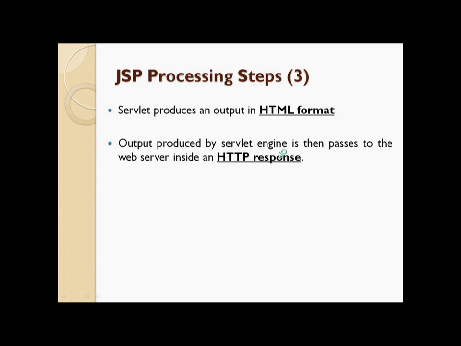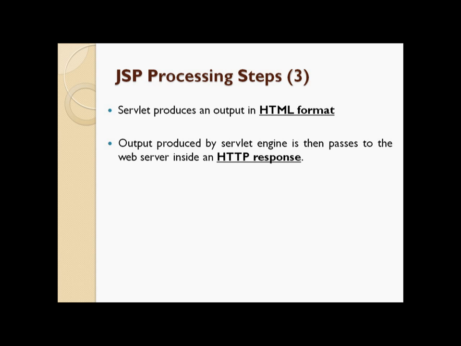The output produced by the servlet engine is then passed to the response. As I said, there will be another argument in the service method, because there are three methods involved. The overall JSP processing or life cycle is divided into three phases: initialization, service, and destroy.